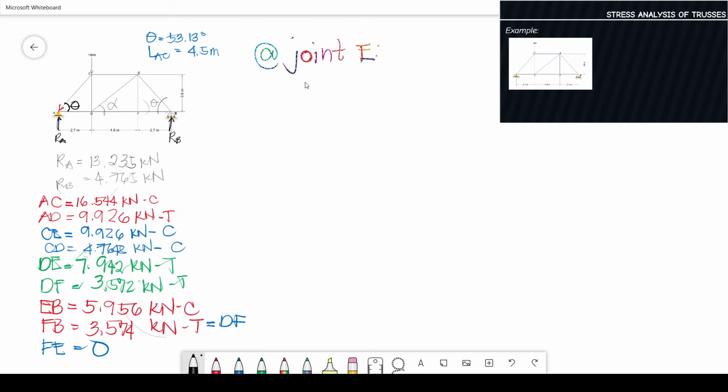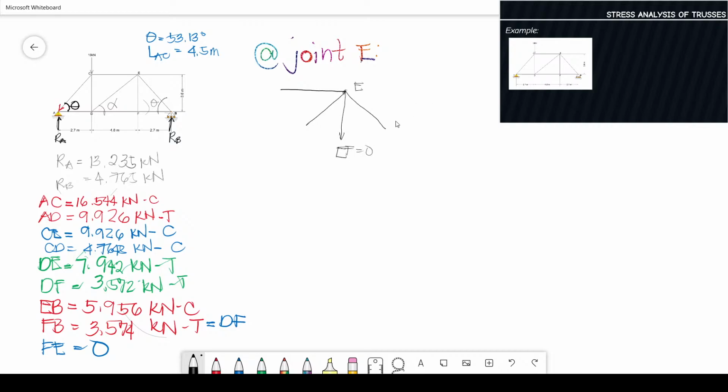So, at joint E, we have, so, ato na assume, pero that this is equal to 0. This is EF.